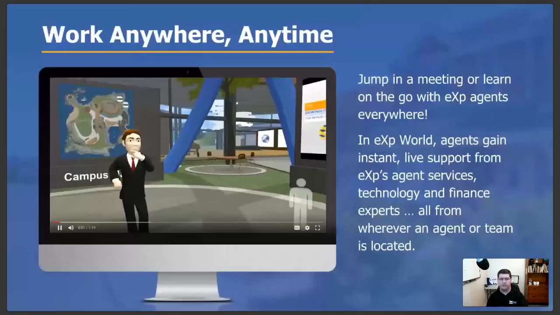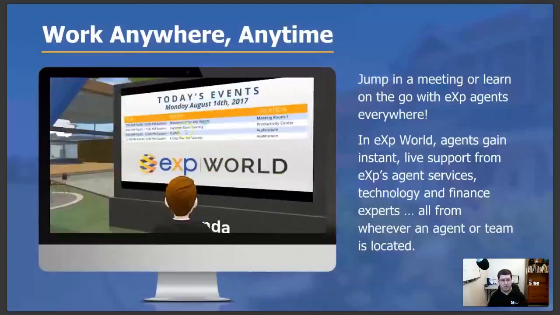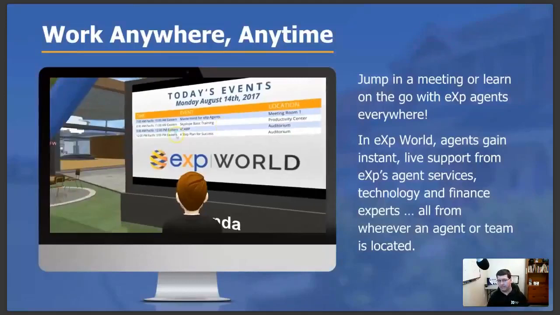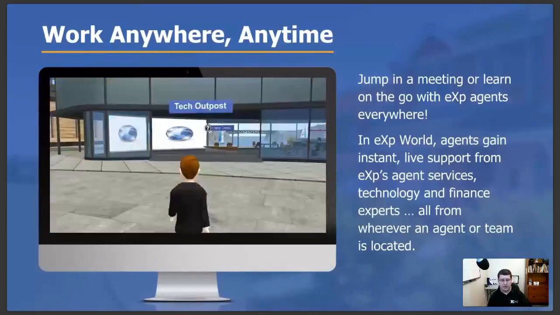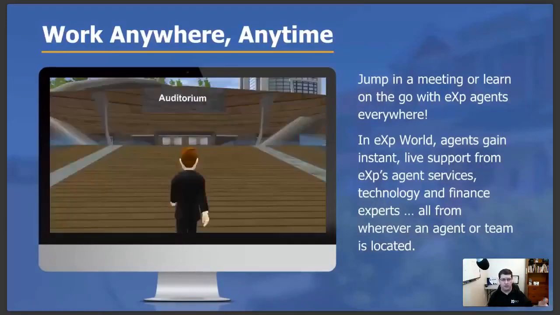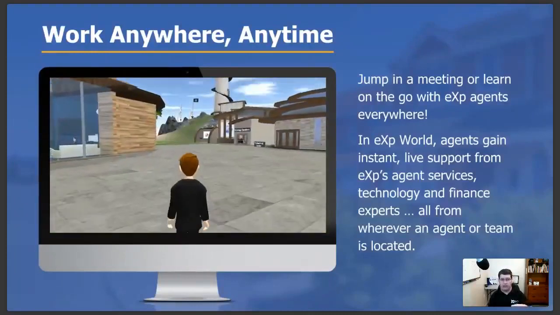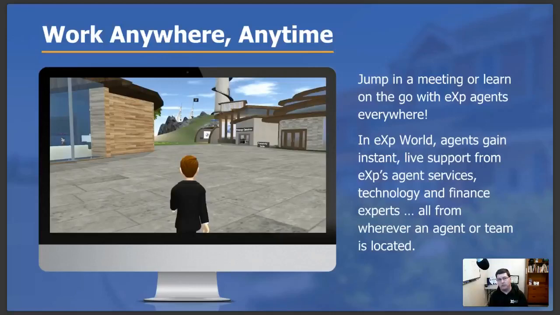So here's a visual that shows a little bit about how it works. It's a visual experience, a virtual experience, an interactive experience. When you go into the cloud office environment, you can go to different support groups, different departments. It's a full-blown campus.